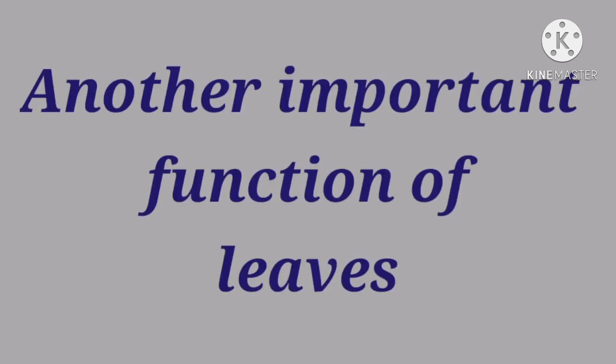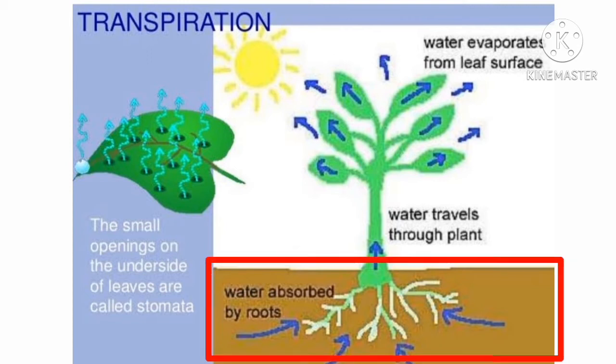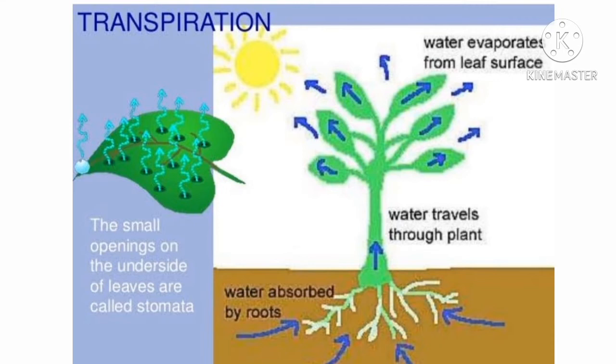Now, let us study another important function of leaves, that is transpiration. Children, we know that roots absorb water from the soil. This absorbed water is transported to different parts of the plant through the stem.